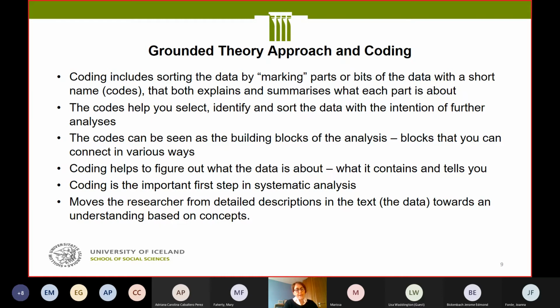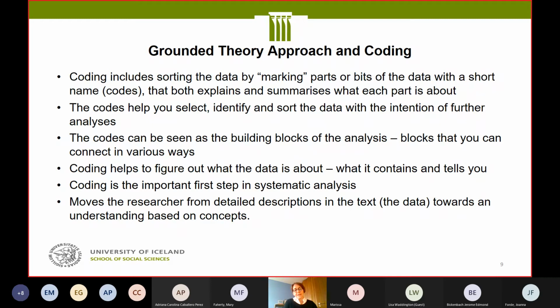And one part you have taken can be coded by 2 or 3 different codes. It can be an example of different things that are in the data. So the codes will help you select, identify, and sort the data with the intention of further analysis, which I will describe better after the break.